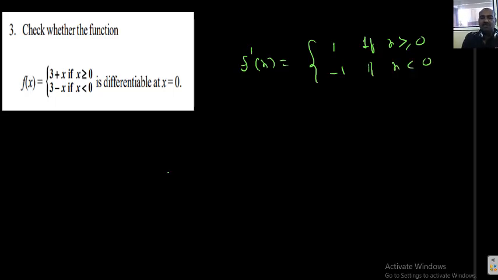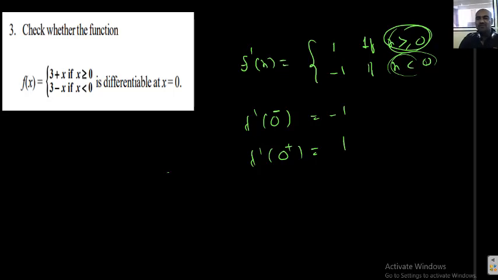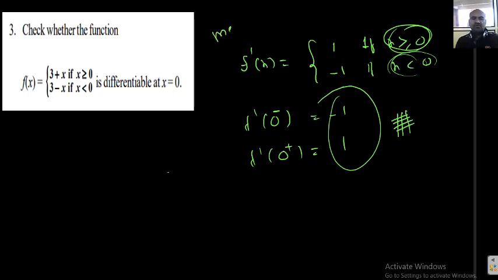Here f dash of 0 minus, using the rule for x less than 0, is minus 1. F dash of 0 plus, using the rule for x greater than or equal to 0, is 1. So f dash of 0 minus is not equal to f dash of 0 plus. Here you can say that the function is not differentiable. This is method 3 actually. In objective type problems you can use this method. So by using method 3 also I found that the function is not differentiable at x equal to 0.